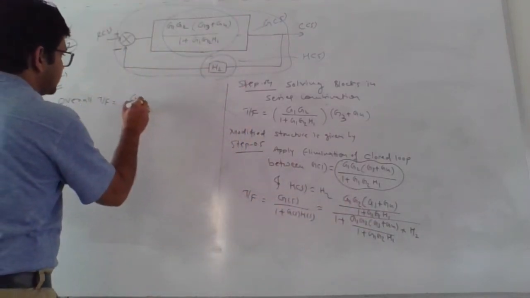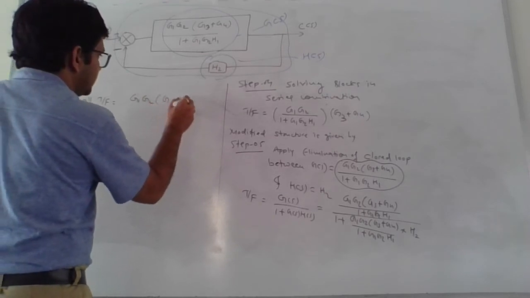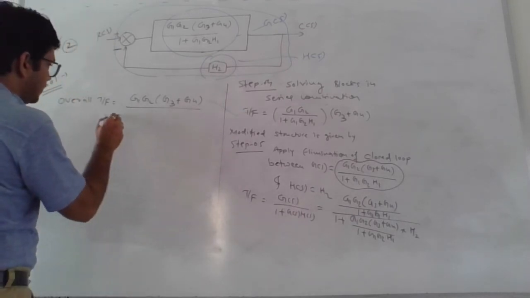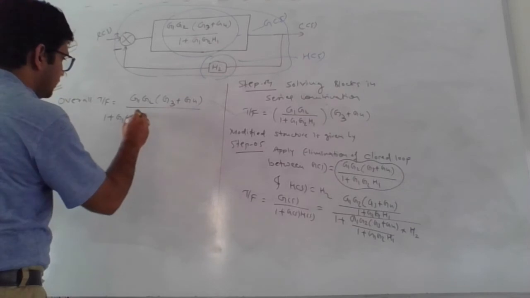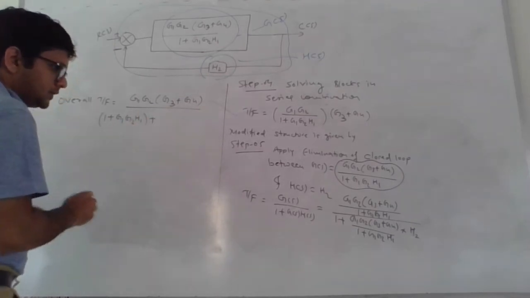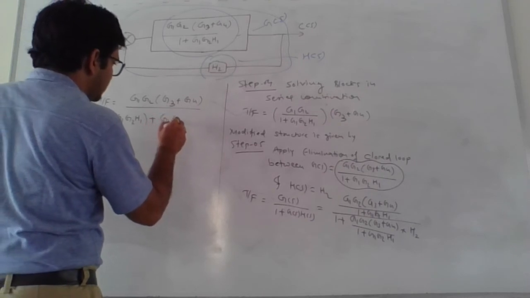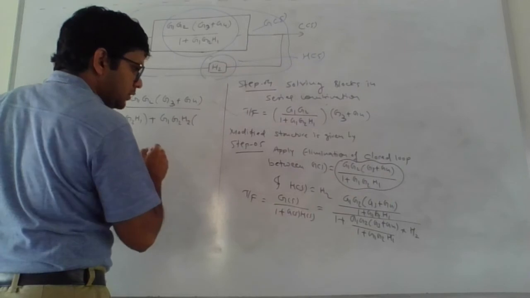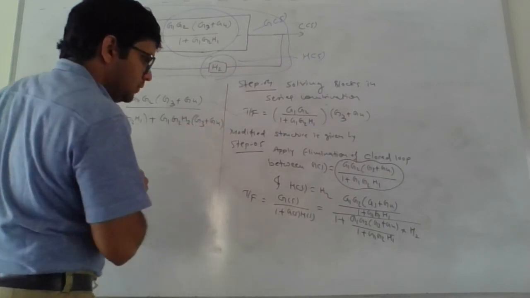So here we are having the answer g1 into g2 in bracket g3 plus g4 whole divided by 1 plus g1 g2 into h1, this is in one bracket, plus g1 cancels, and here we are having g1 into g2 into h2 in bracket g3 plus g4.